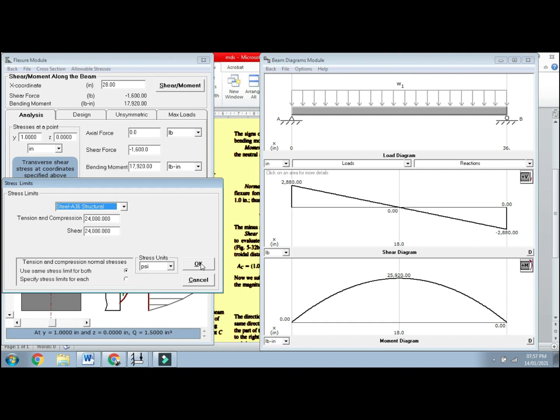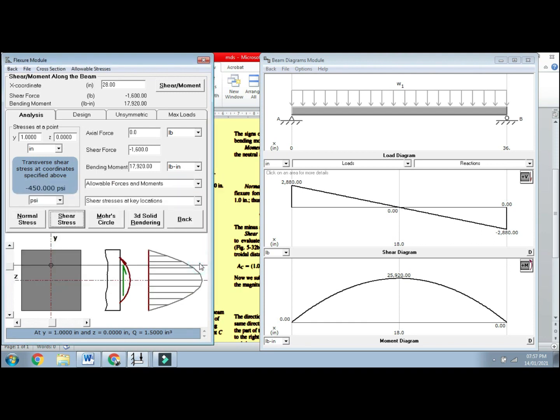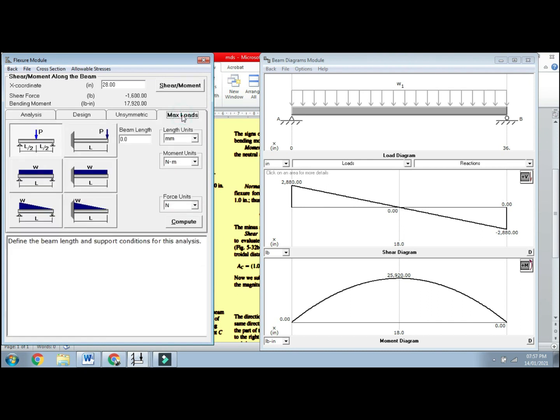Okay. So if we do this here, we can go to the max load, and out of this, which is the most similar to our beam, this one.